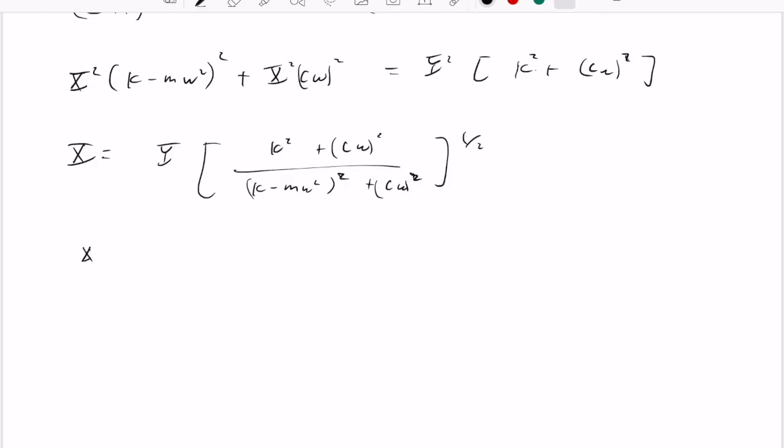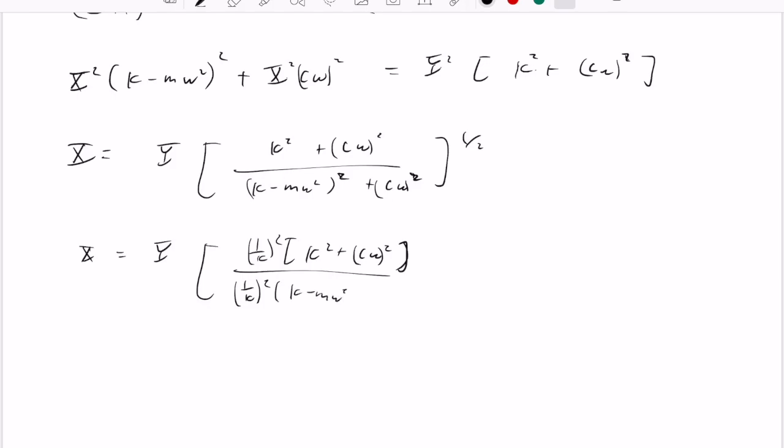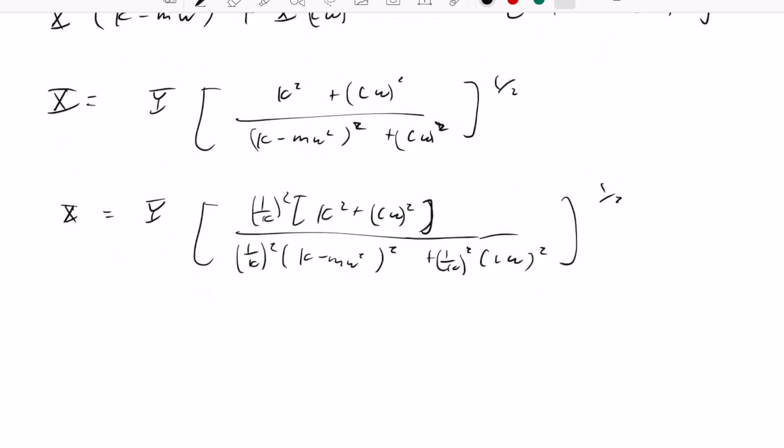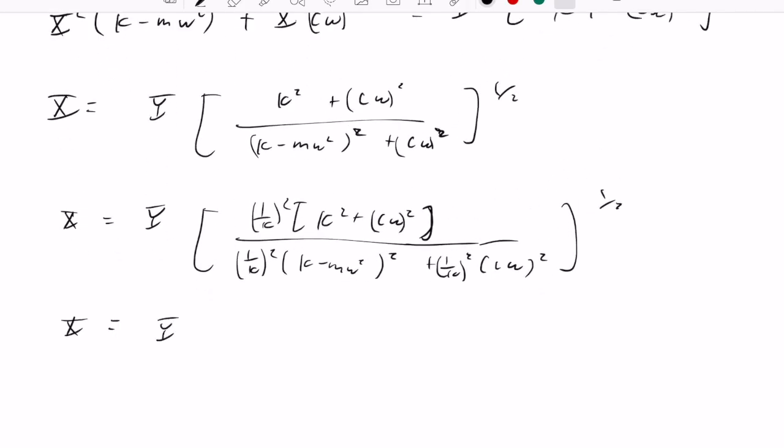If we multiply all this by 1 over k squared, the top and bottom, this becomes y times the square root of 1 plus, and remember, c omega over k squared, that just goes to 2 zeta r squared.